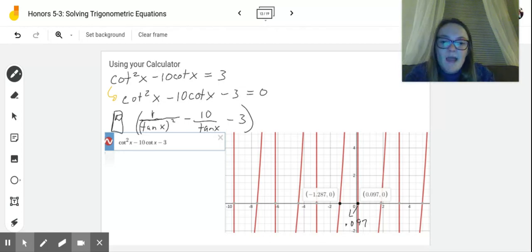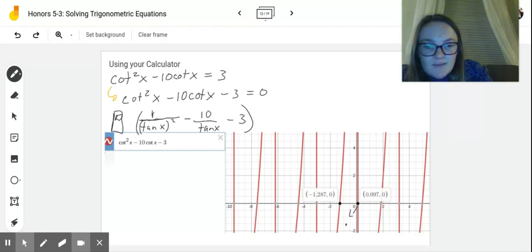If I think about cotangent for a minute, and look at the answers I'm getting, I have 0.097 here, and this point, negative 1.287. I also have this point right here, and this point right here.